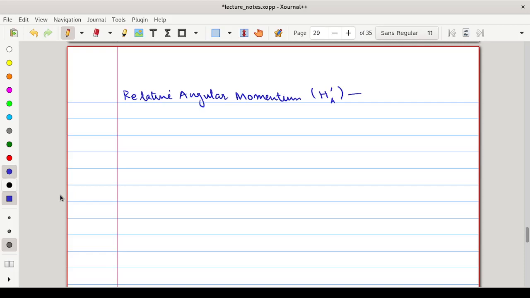Now how do we define relative angular momentum? For that purpose, we first define relative angular momentum for a single particle, the ith particle.